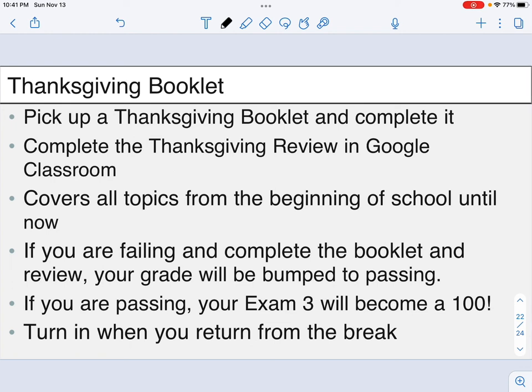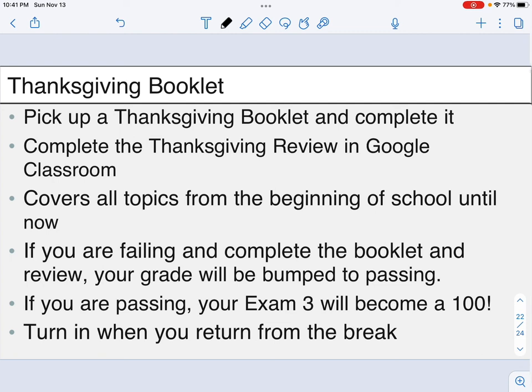Famous experiments of the atomic theory, so cathode ray tube, gold foil experiment. What did we discover and learn from these? Talks about the Bohr model. It covers electron configuration. It covers the electromagnetic spectrum. It covers periodic table families, periodic trends such as atomic radii, things like that. It covers average atomic mass. It's everything that we've covered.